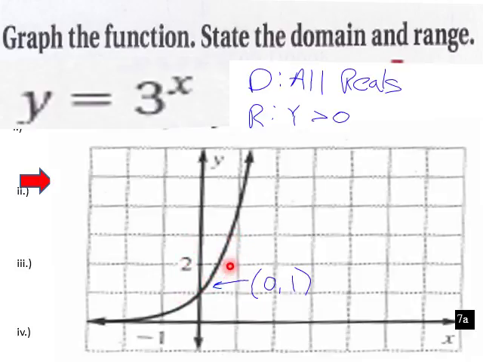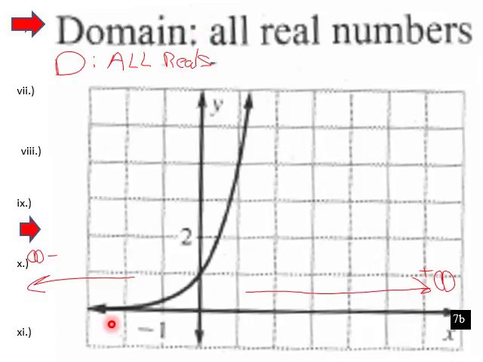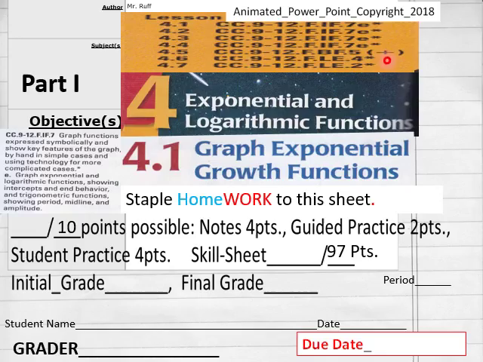So your curve should be more over here like that. Range is y greater than 0. Your range just goes up like that. So these are your y values here of this function. Domain all reals. It would start way over here, and theoretically it would go this way forever. Positive infinity and negative infinity, all reals.